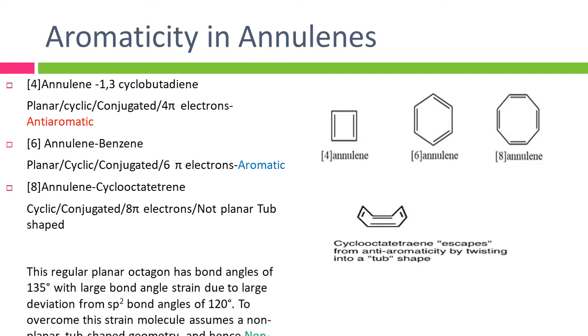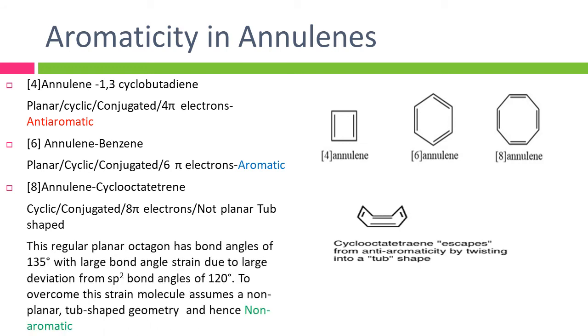But it is not planar, but tub shaped. A regular planar octagon has bond angles of 135 degrees with large bond angle strain due to large deviation from sp2 bond angles of 120. To overcome this strain, the molecule assumes a tub-shaped geometry and hence it is non-aromatic in nature.